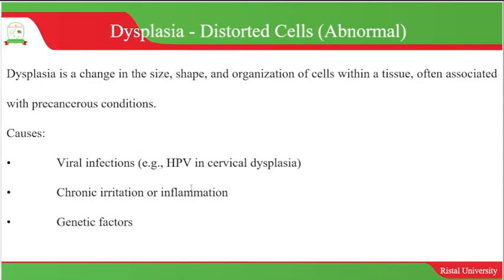So sometimes, because of being exposed to stressors for a long period of time, these cells of ours can also adopt a certain shape or a certain size that is abnormal, or the arrangement of the cells within the tissue may also change, and we end up having a distorted cell or an abnormal cell.